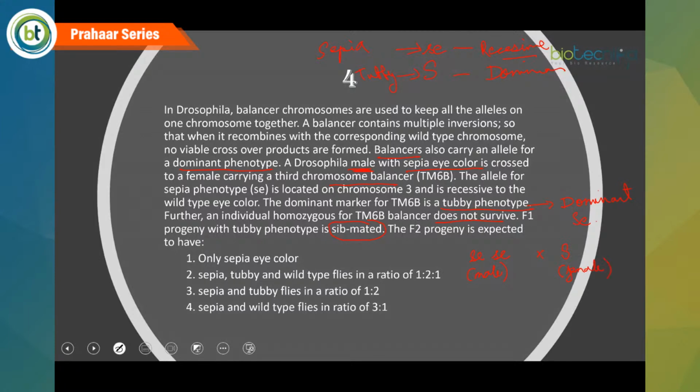The other allele cannot be S here. Why can the other allele not be S? Because it is clearly mentioned that homozygous for balancers will not survive. Do you get me? So it is heterozygous, means the other one has to be SE.